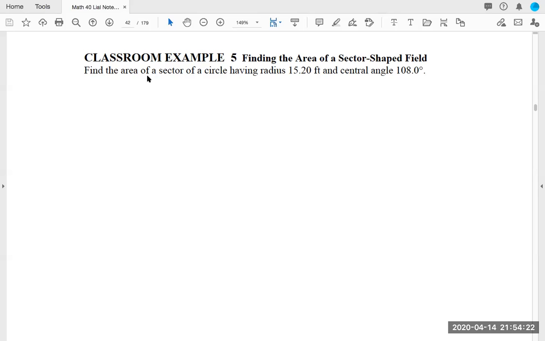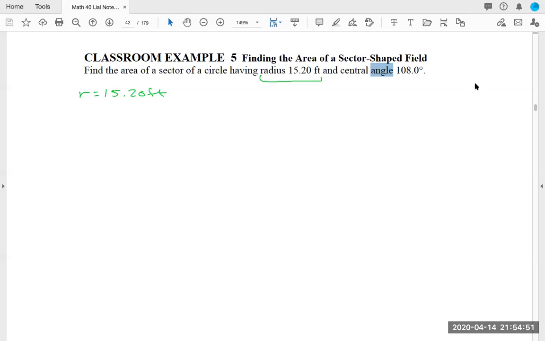All right, so find the area of a sector of a circle having radius 15.20 feet and central angle 108.0 degrees. So here we have R. Okay, let me get rid of that. All right, so R is right here in feet.